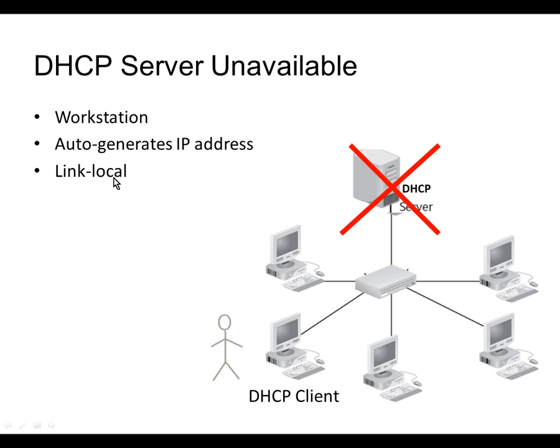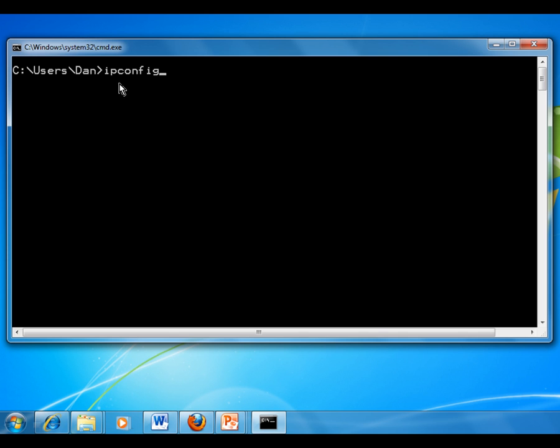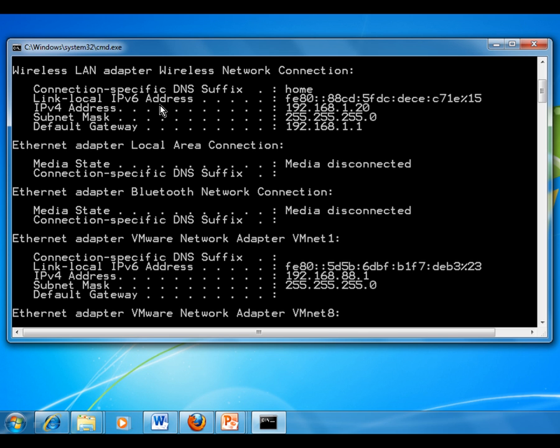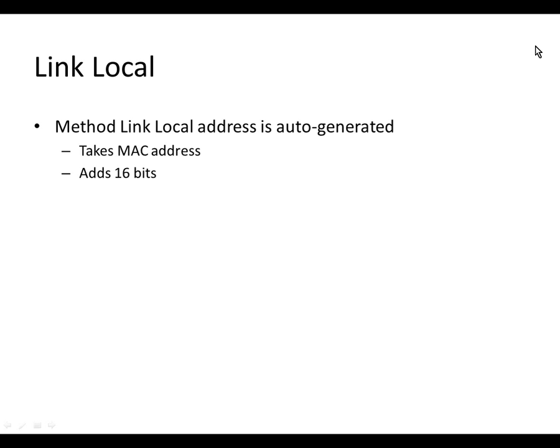If we go to the command prompt and we type ipconfig, we can see that this computer has a link-local address of FE80. That indicates that it's a DHCP client for IPv6, and it could not hit the DHCP server.